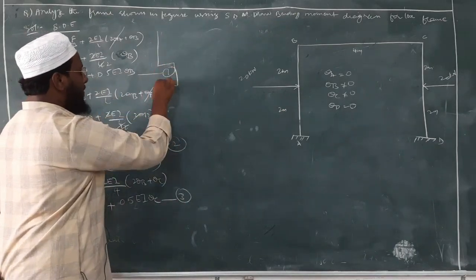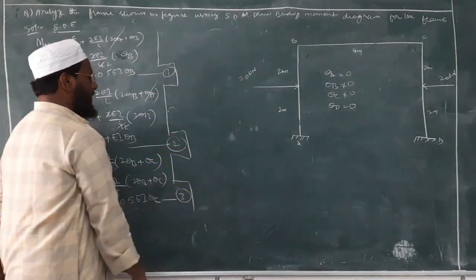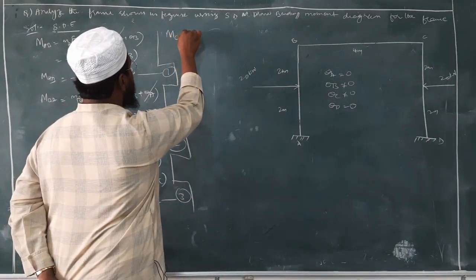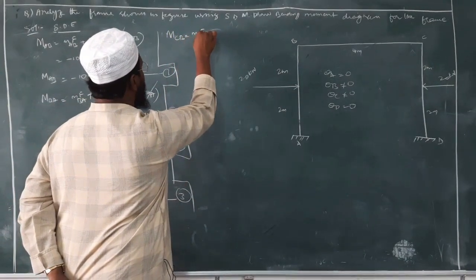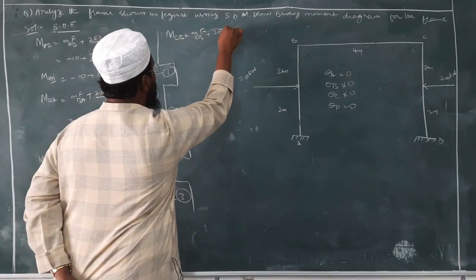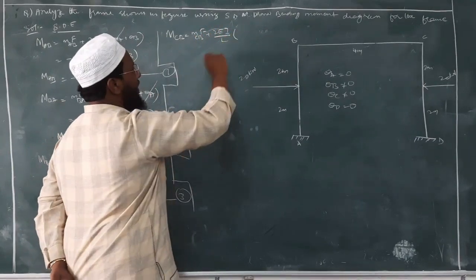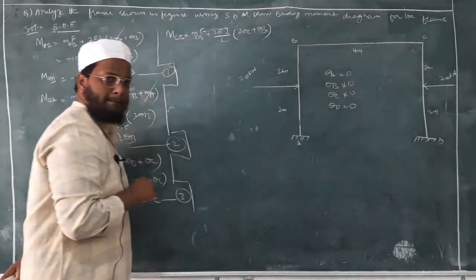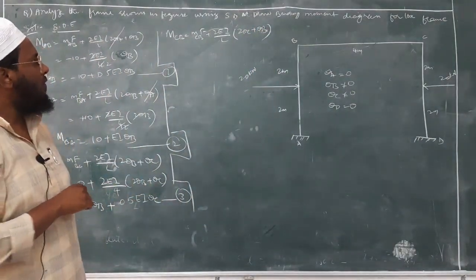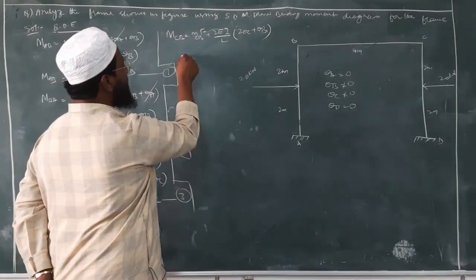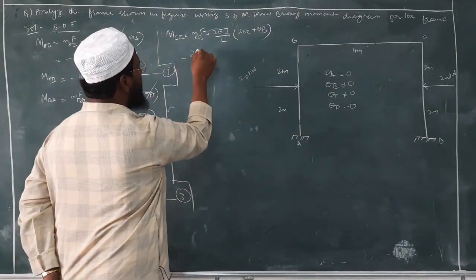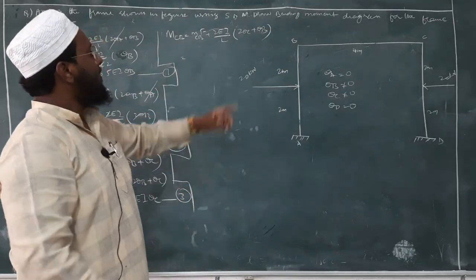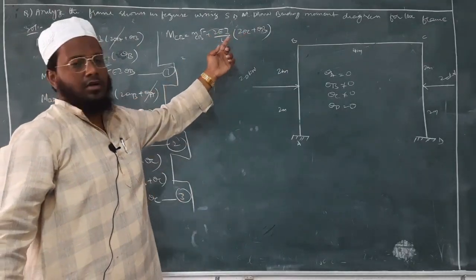Fine. Able to follow? So now I will go for another equation, that is MCB is equal to MFCB plus 2EI by L into 2 theta C plus theta B, isn't it? So again MFCB is 0, so 2EI by L. What will happen to this one? Can you tell me? 2 2s are 4.